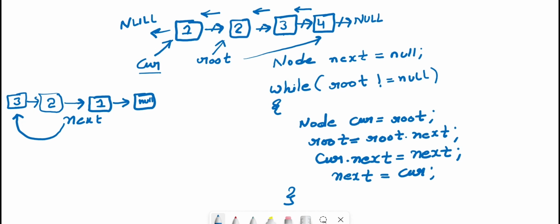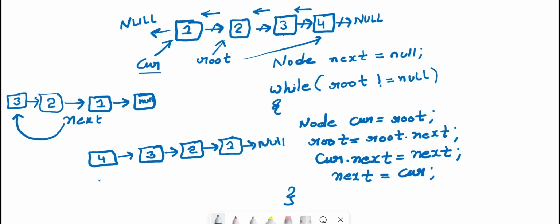Similarly, when it reaches 4, 4 will be our current, and we will set the next of 4 to the address of this 3. So in the last we will have a new linked list this way, and next will be the head of this new linked list.